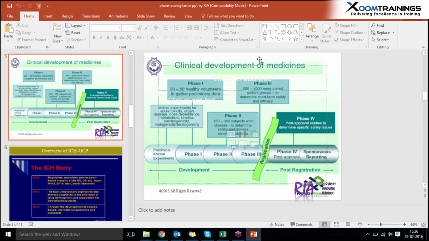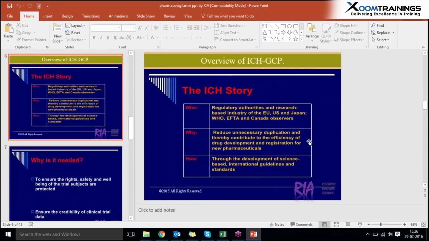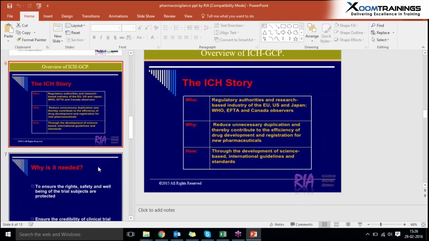The reporting will be in many ways, like spontaneous reporting. If the drug is causing any serious harmful effect, like death, that is a serious adverse event. In such cases, we have to report it spontaneously, at any cost, immediately. Some guidelines and timelines will be there. I will discuss them with you.